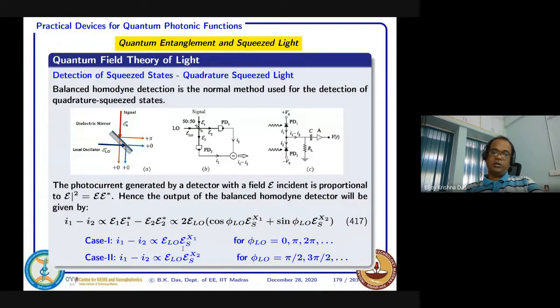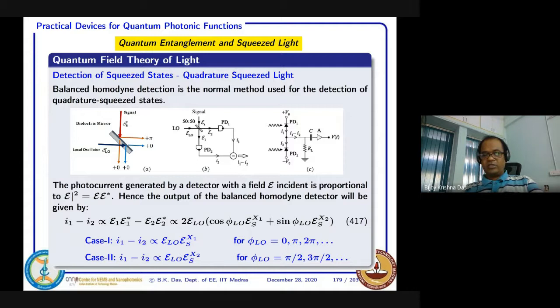And if phi LO is pi by 2 or 3 pi by 2 or whatever, then this one will be vanishing and this one will remain. So in this way, I can see the impact of the x1 quadrature and x2 quadrature of your squeezed light.